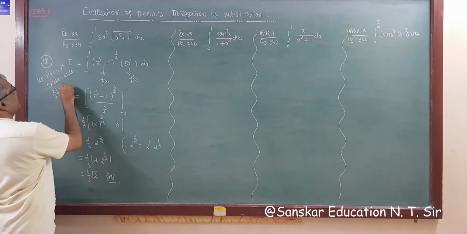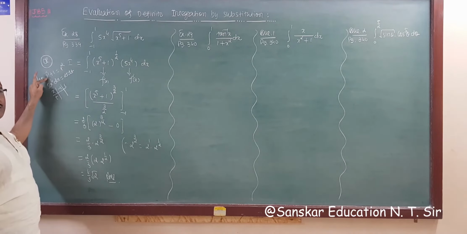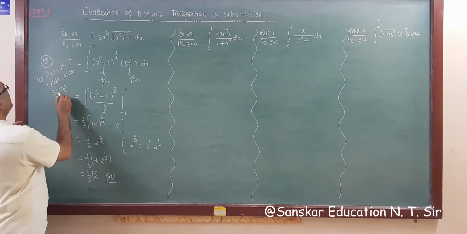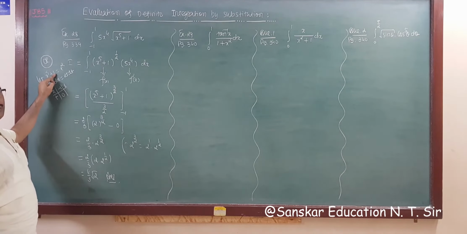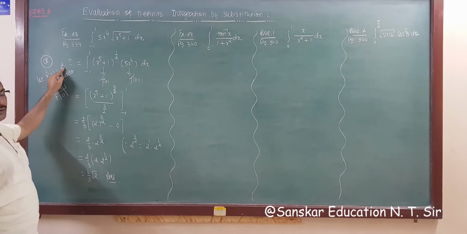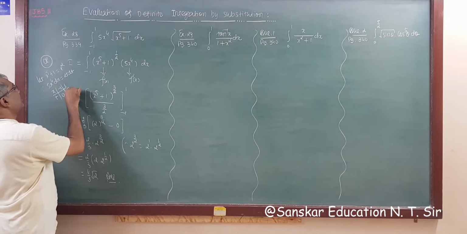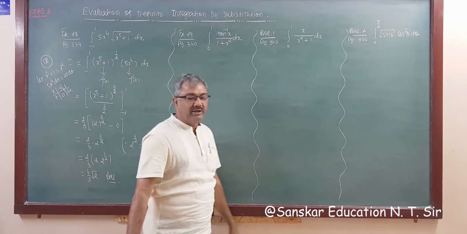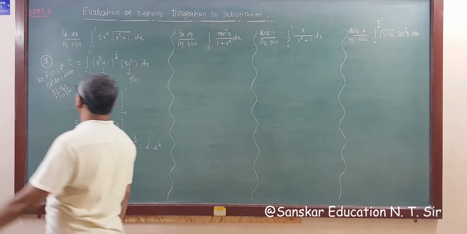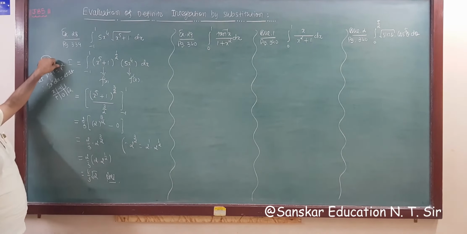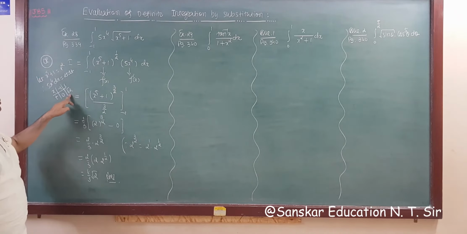Now for the new limit, substitute minus 1 here: minus 1 plus 1, so t is 0, and for 1, 1 plus 1 is 2. So what is your t? Root 2. So your limit will be 0 to root 2, because you have to find t here, not t square. This is t square, so the square root of 1 plus 1 is 2 under root. So this is the new limit.